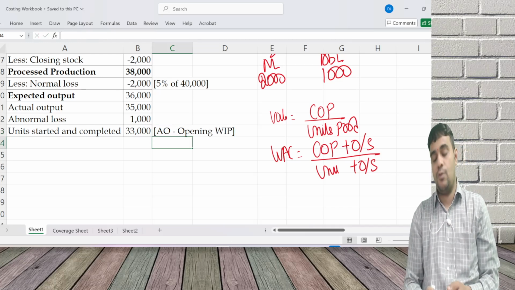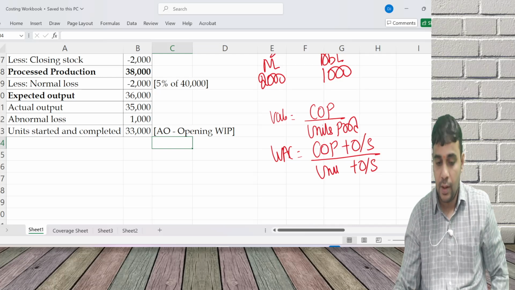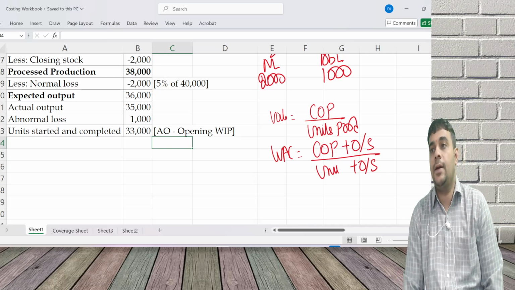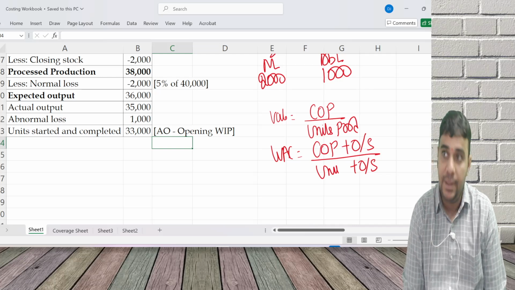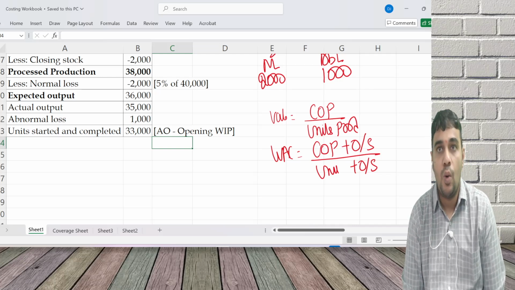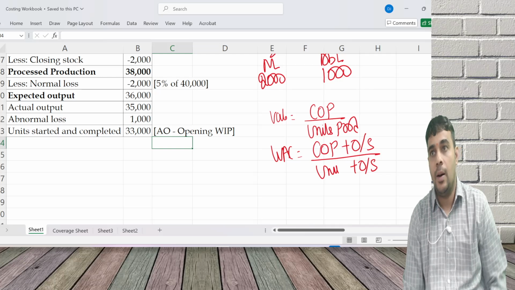Clear? Units started and completed is what you completed, deduct the opening work in progress.